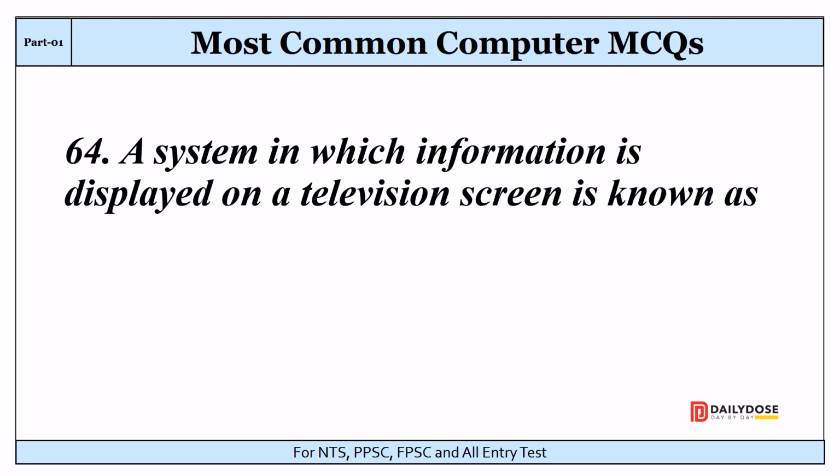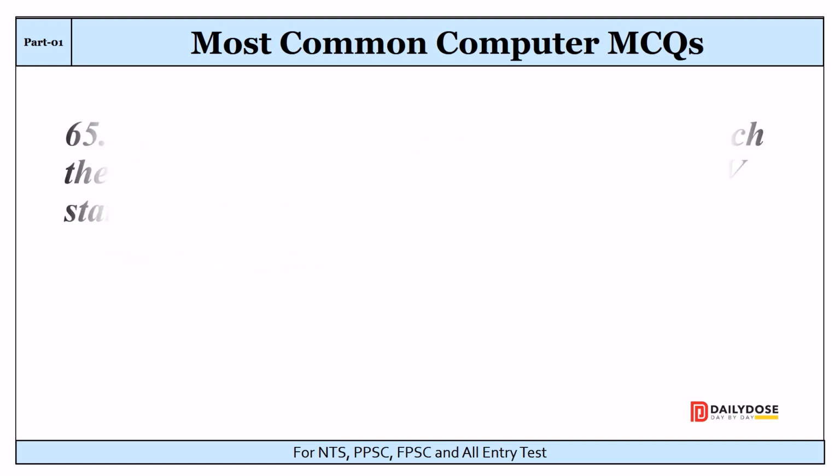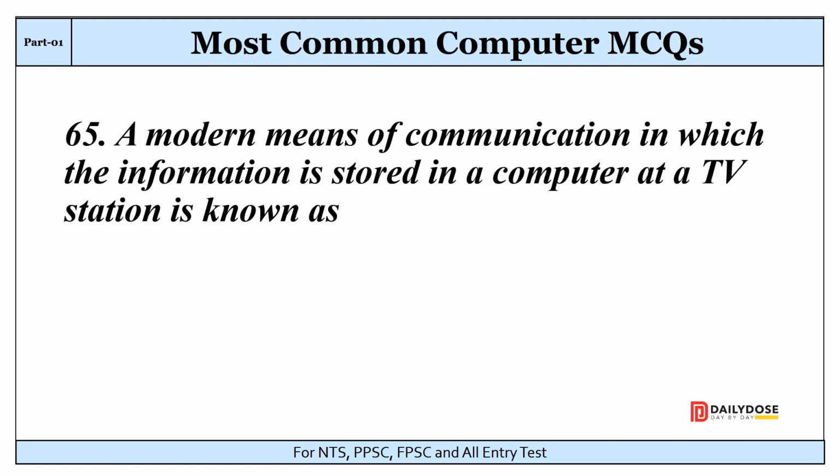A system in which information is displayed on the television screen is known as a videotext system. A modern means of communication in which information is stored in a computer at a TV station is known as teletext.